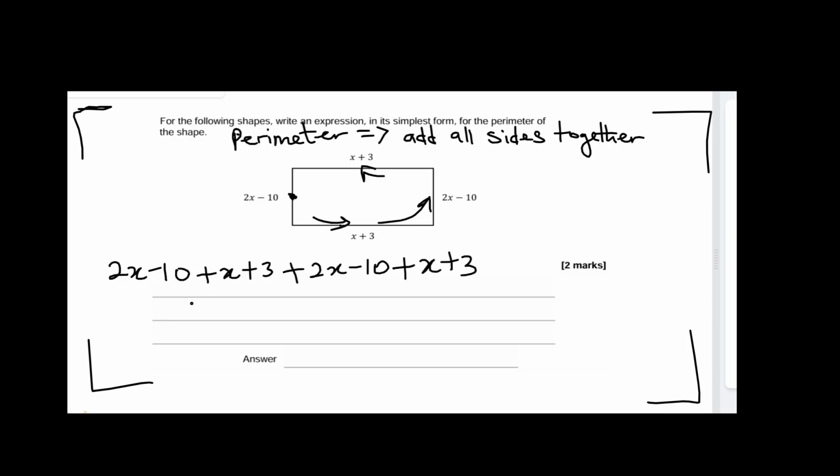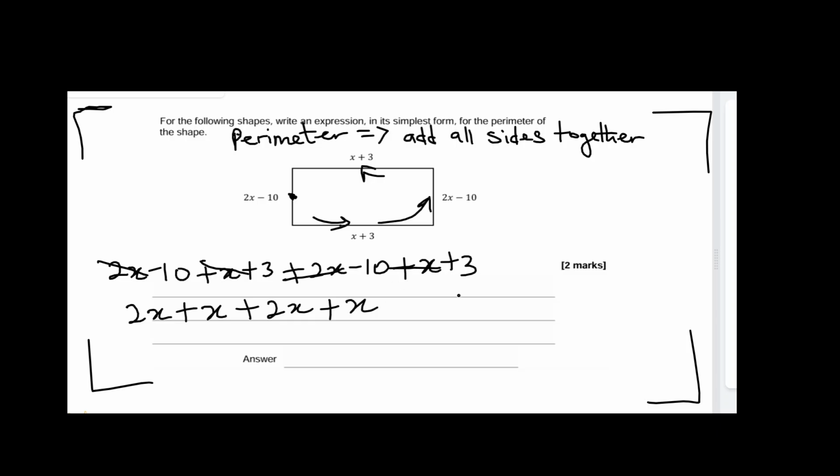So first thing is to collect the like terms. Like terms, in this case, means all the ones that have x, and then all the ones that are just numbers on their own. So we have 2x plus x, plus 2x, plus x.